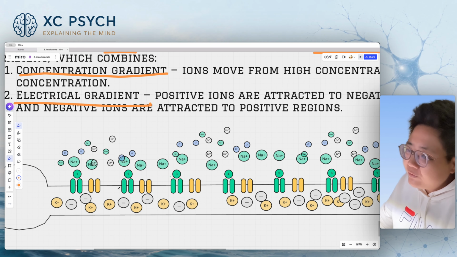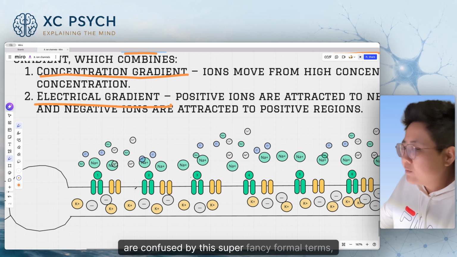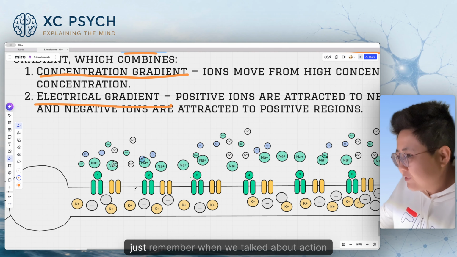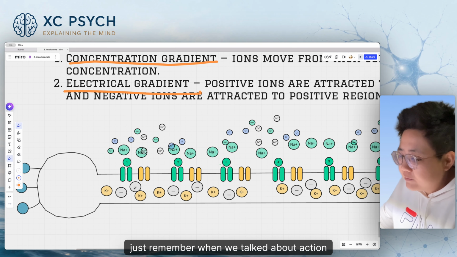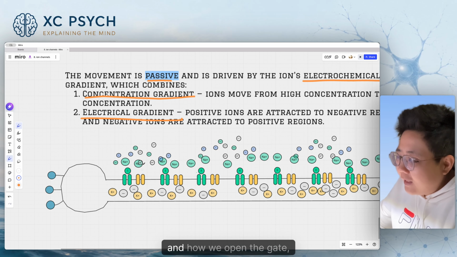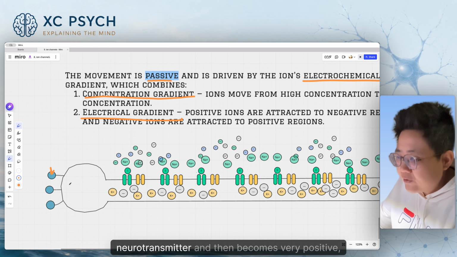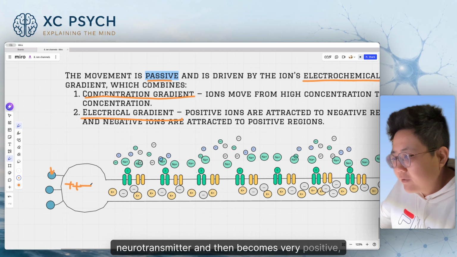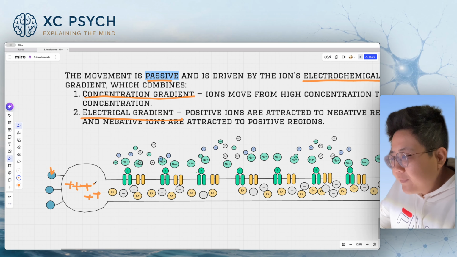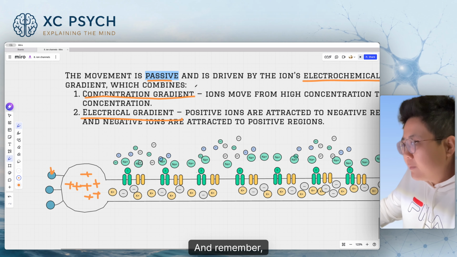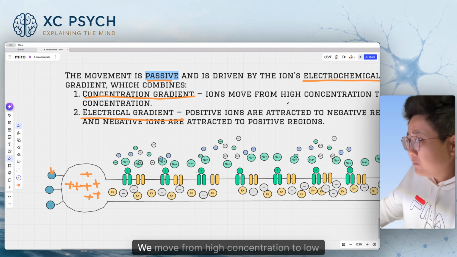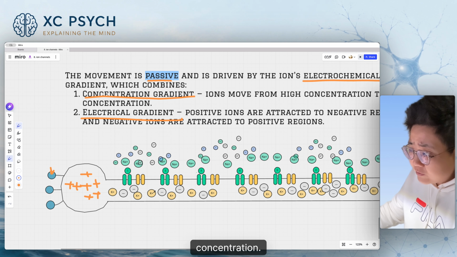And if you are confused by these super fancy formal terms, just remember when we talked about action potentials and how we open the gate, it usually starts with the binding of a neurotransmitter and then becomes very positive inside the neuron. And remember the concentration gradient, we move from high concentration to low concentration.